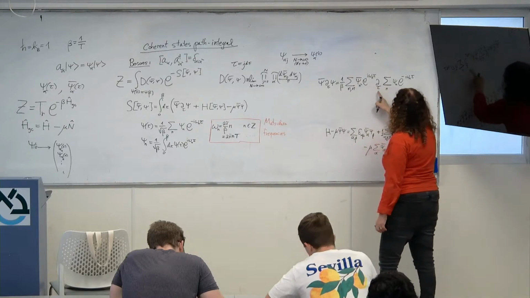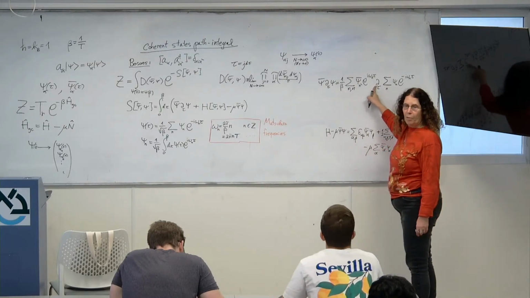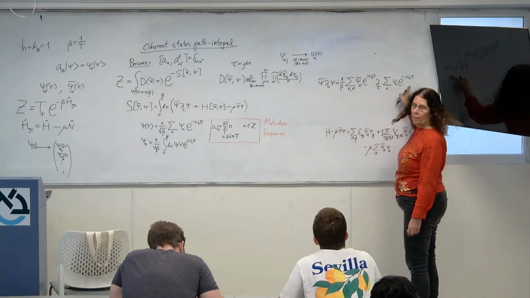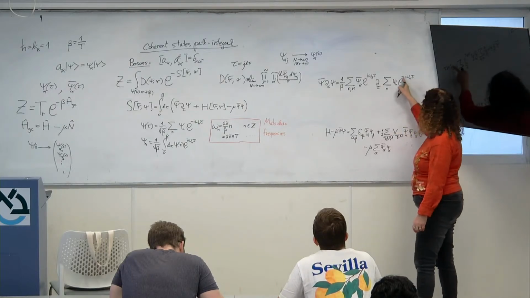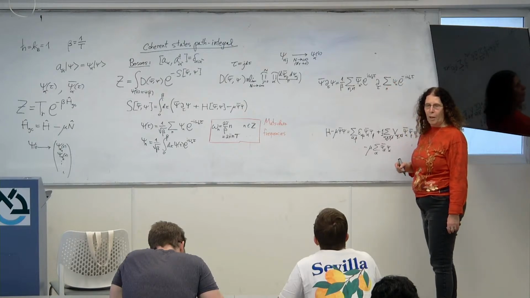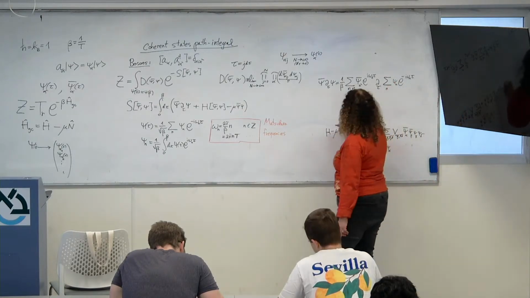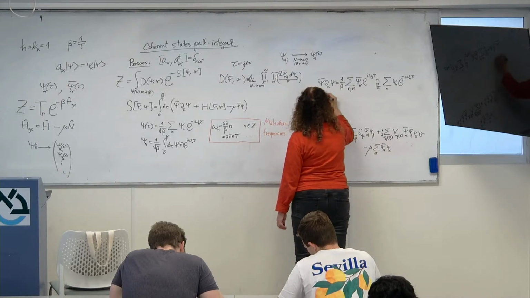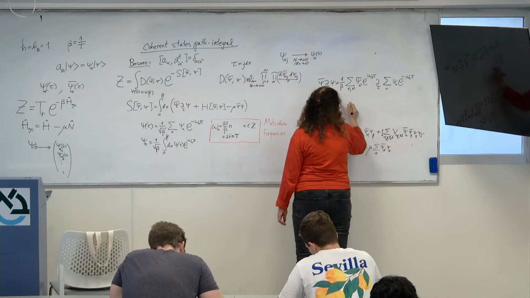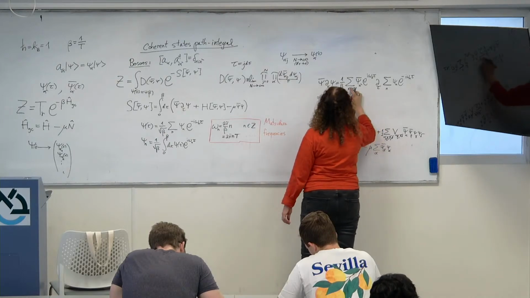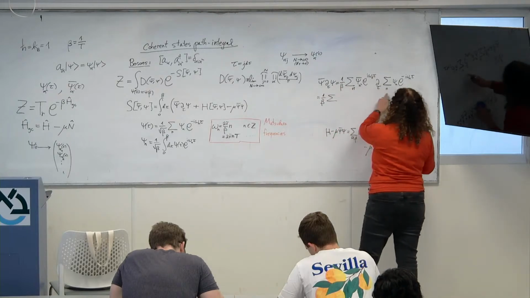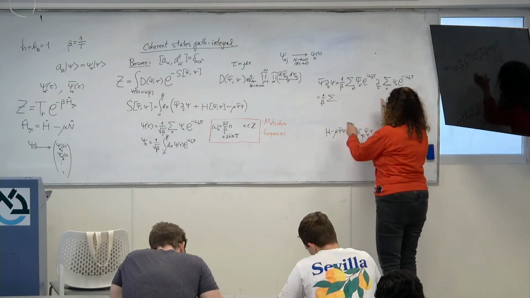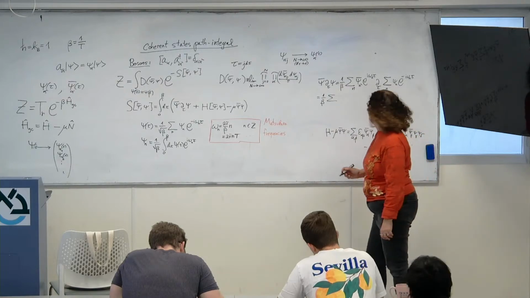Okay, now the time derivative acts only on the exponential. What does it do? It brings down a factor of minus i omega n. Okay? So I'm going to get 1 over beta, double sum. Sorry, here I didn't write it carefully because the sum is here, but I can change the order of the summation, right?